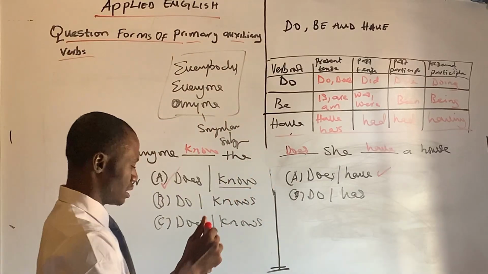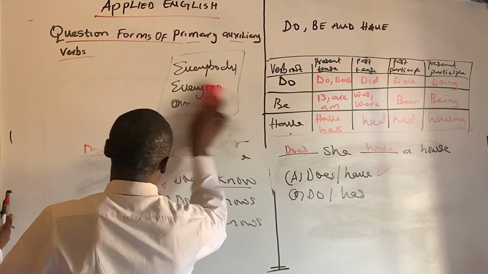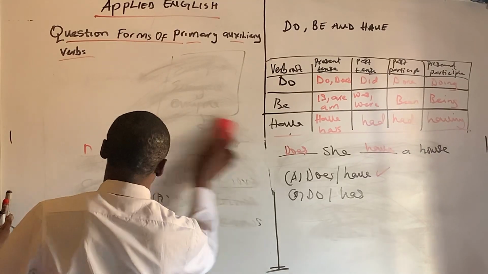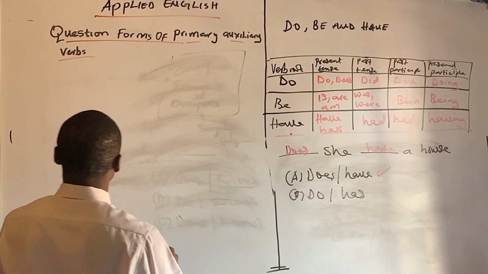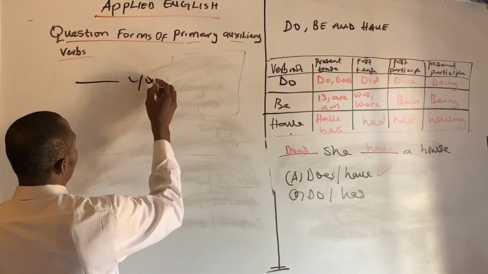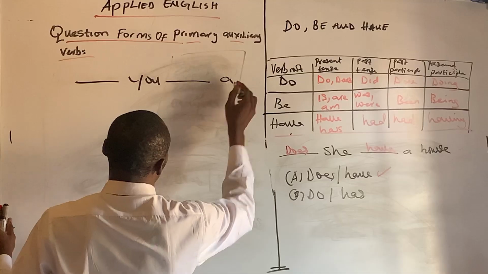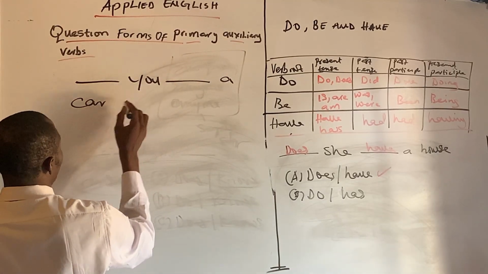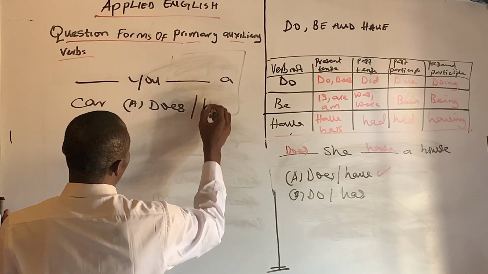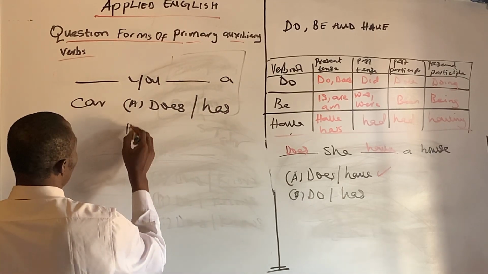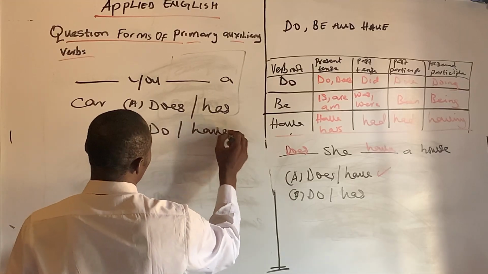Okay, now let's use this. Let me clean up this now. Look at this. Dash you dash a car. A, will it be "does you has a car?" B, will it be "do you have a car?"